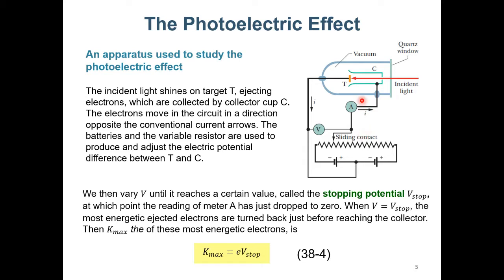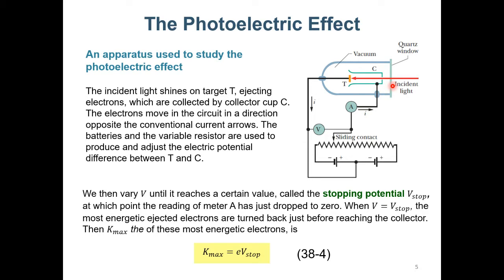So the point here is that this is a plate. This is a plate. We have a target T here, and there is some incident light going from there to shine on the target. Actually, this loop is not closed. It is really open here. So without the light, there should be no current, because there's no complete path in between.